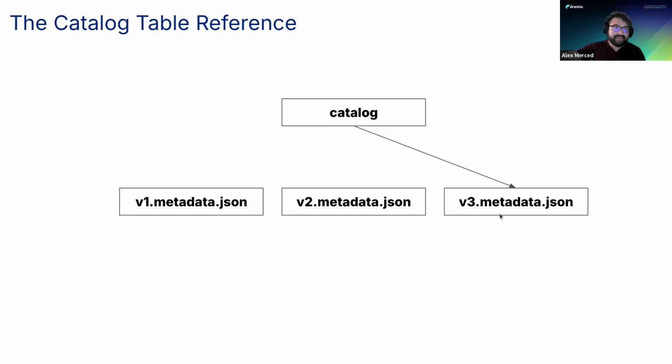Every time I modify the table, a new metadata.json gets created. So the catalog becomes the arbiter of which is the right one. Even though this looks pretty straightforward, why wouldn't I just go to the highest number? Not all metadata.jsons have sequential numbers as the prefix to the file name. It could be a hash of some sort or something that might not be as intuitive. So you want the catalog to be the source of truth.